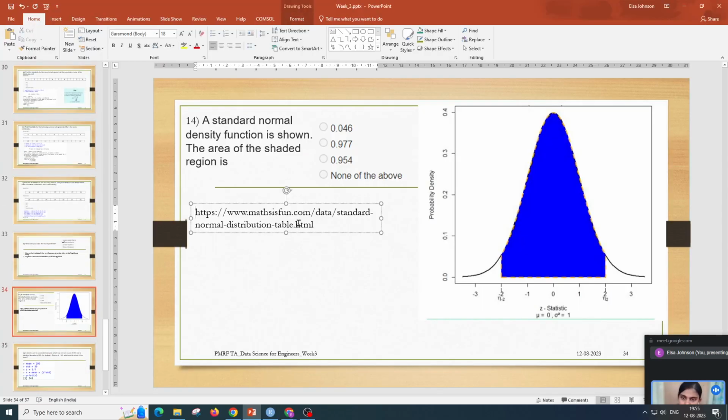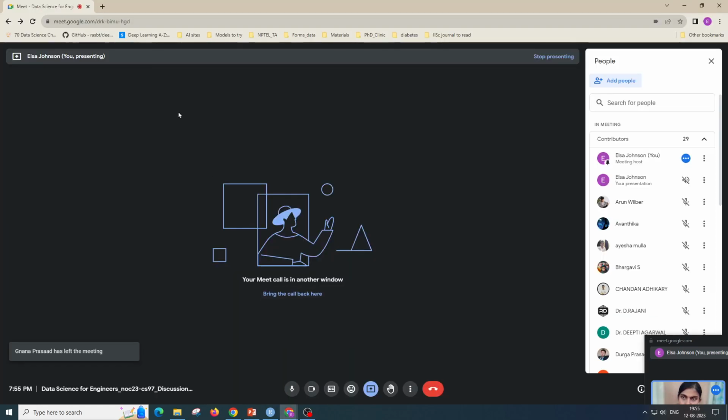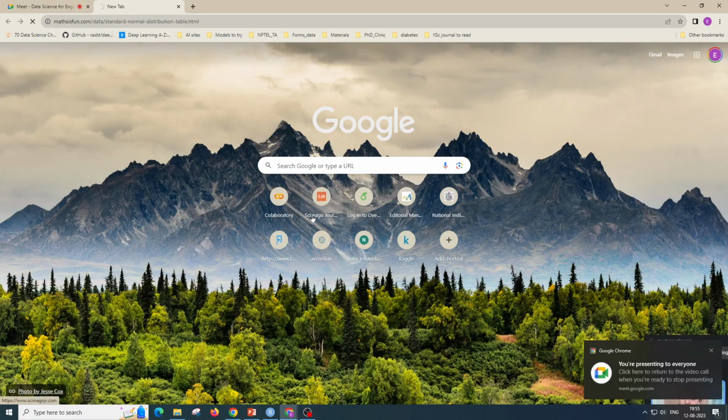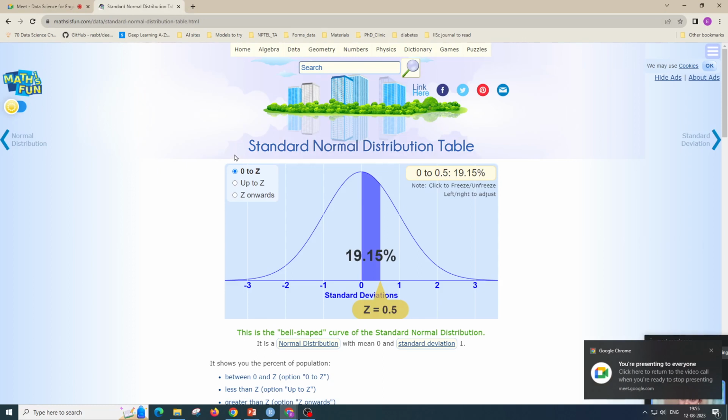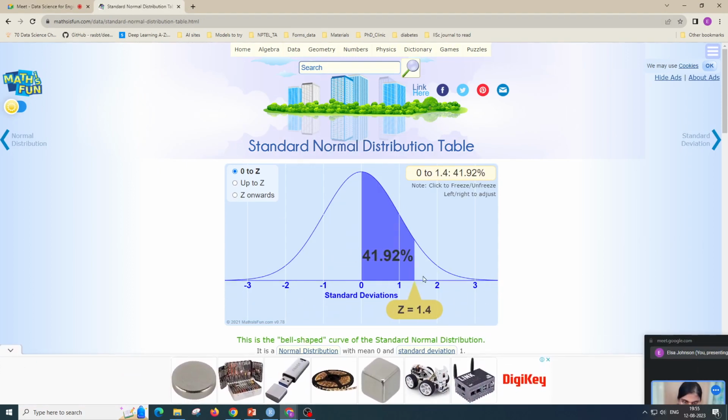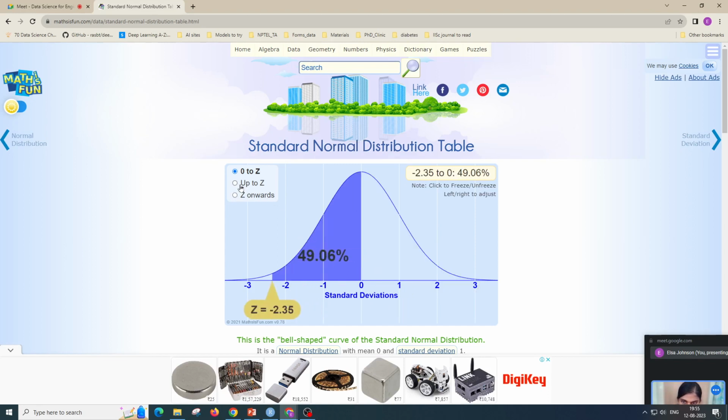So this one I'll just copy and paste here and show. So in this one you can see, if you are looking from 0 up to z or z onwards, how much is the area?